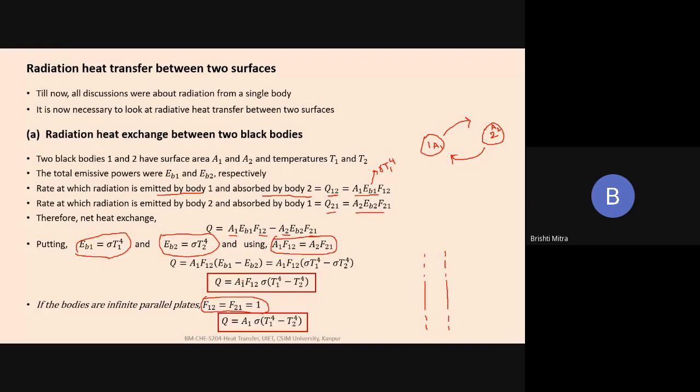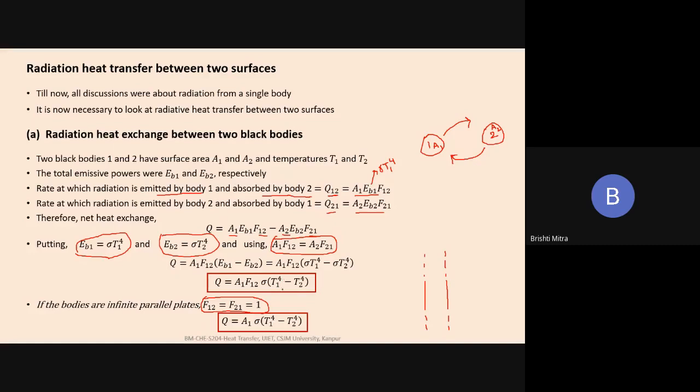So if I put in this value of F12 equal to 1, the expression gets a little more simplified, and the rate of heat transfer is equal to A1 into sigma T1 to the power 4 minus T2 to the power 4. So if there are two black bodies exchanging heat amongst each other, and you are asked to calculate the rate of heat transfer, then that Q is going to be A1, the area of the first body, into F12 sigma T1 to the power 4 minus T2 to the power 4.